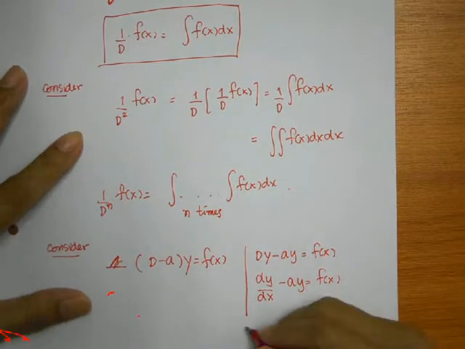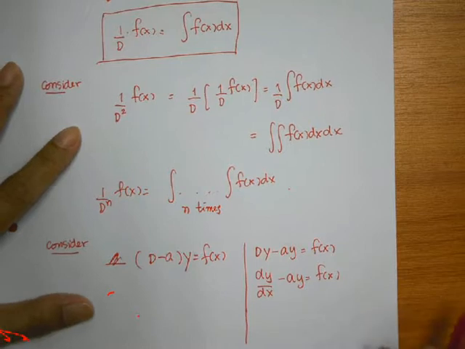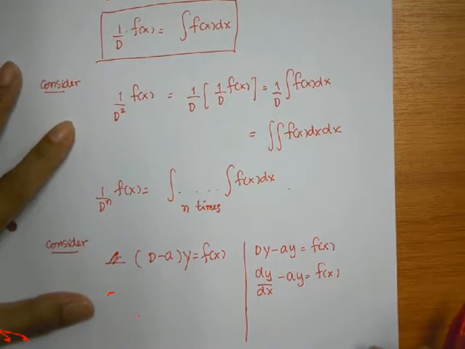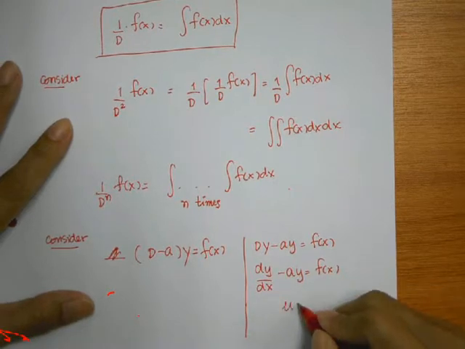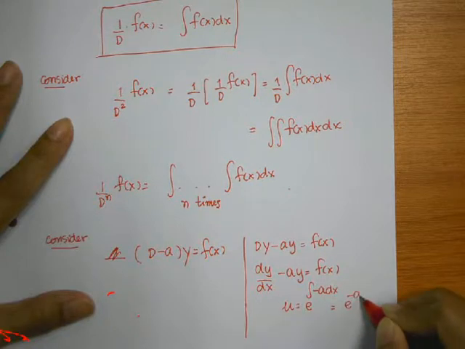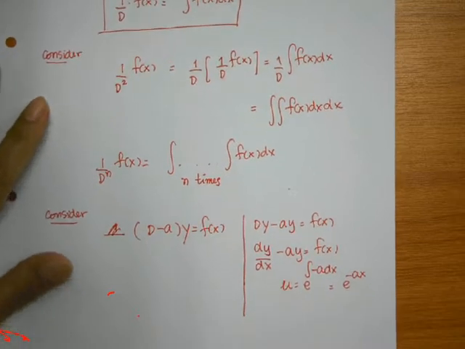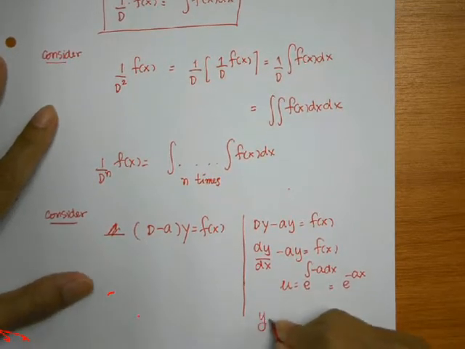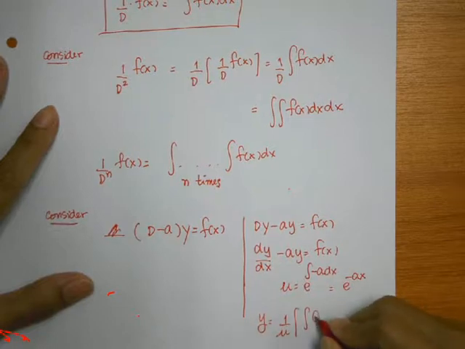So the way to find the solution of this is you got to find the integrating factor, right? The integrating factor is equal to this term, right? So you know y is equal to 1 over mu integral of q(x) dx.